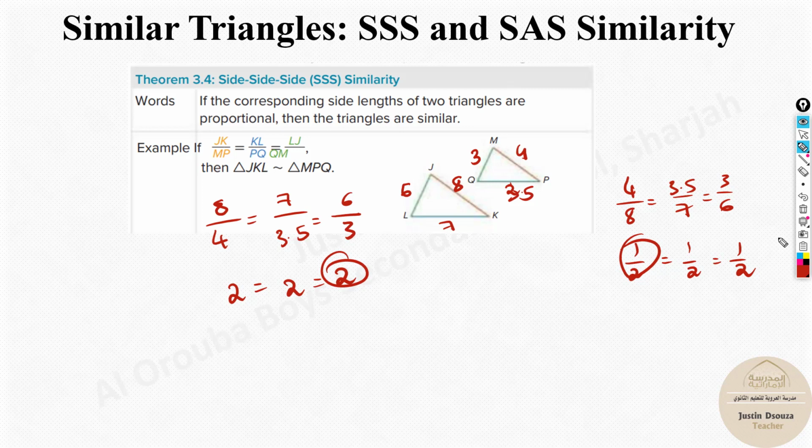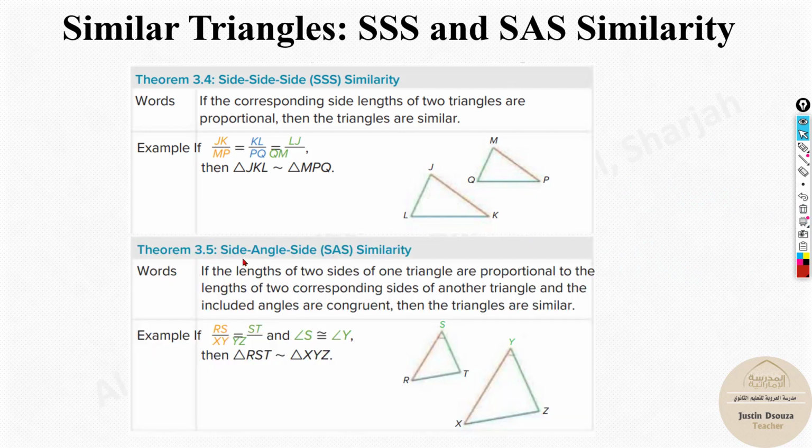So this is about the side, side, and side similarity. All the corresponding sides must be proportional to each other. Then they are similar. Now, what about side, angle, and side? Here, sometimes some get confused.